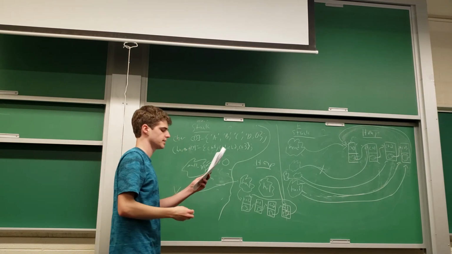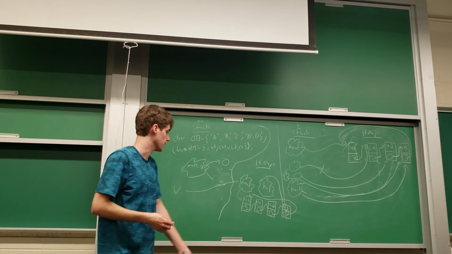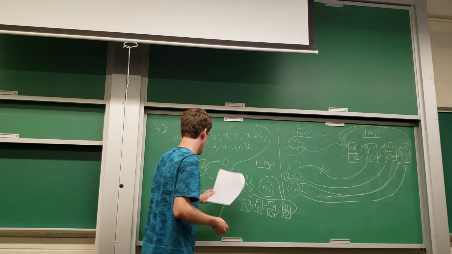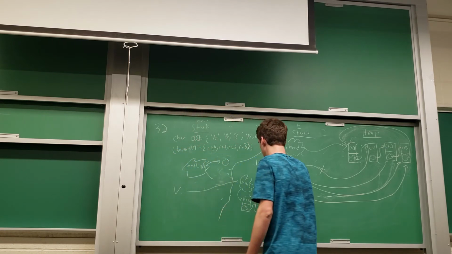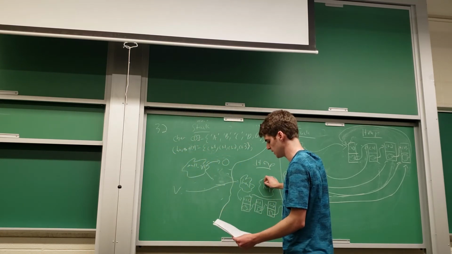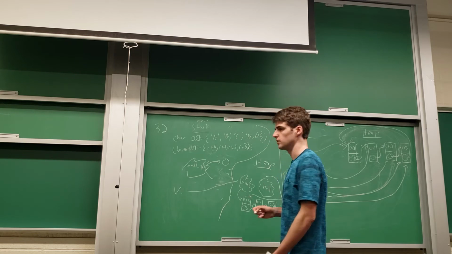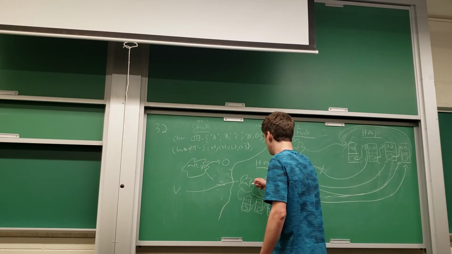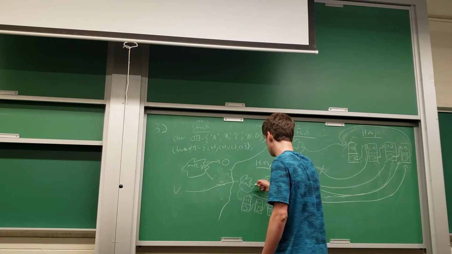Second question, print v dot end minus v dot begin. So this is v, and v dot end is this. V dot begin is this. So you're basically subtracting these two smart pointers.